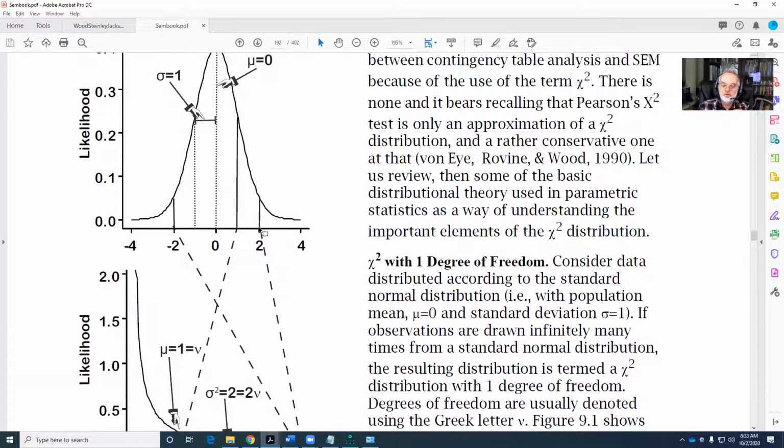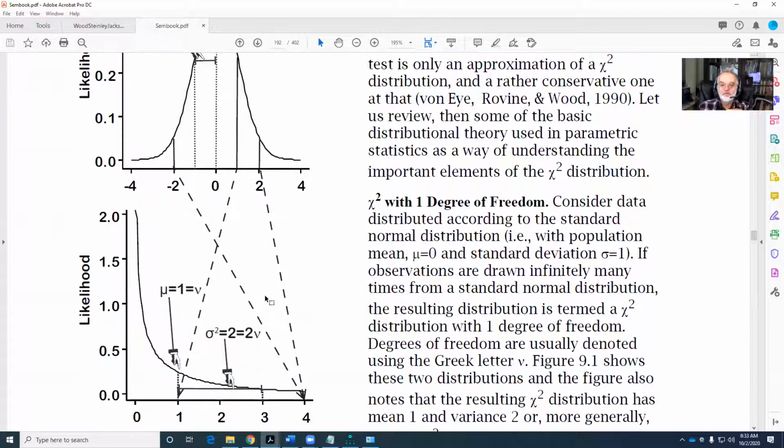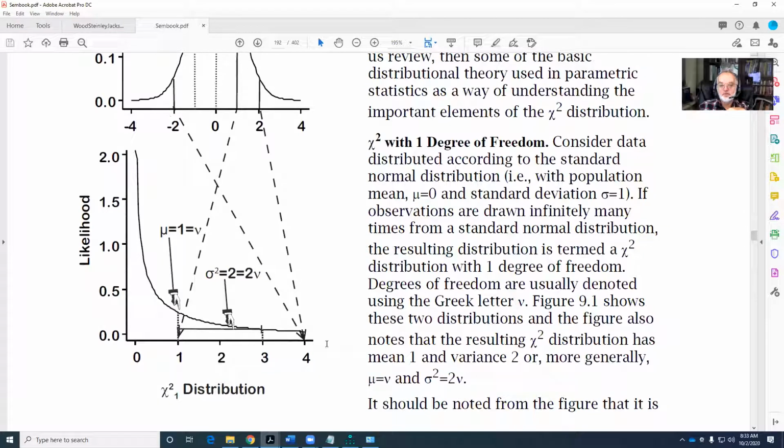I'll take the 2 here, I'm going to add 1 and then square it. So that would give me values over here of, instead of 2 squared is 4, I would have 1 squared is 1. And over here, I'd have 2 plus 1 is 3, squared is 9. So the resulting distribution is going to look different than this distribution.